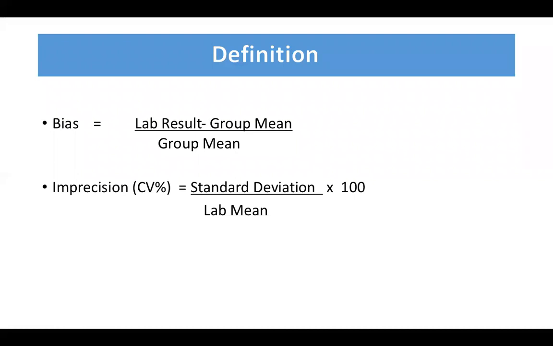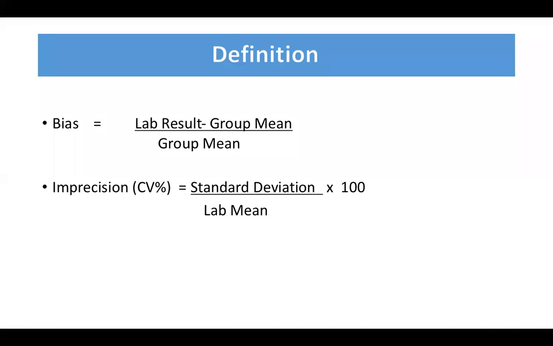So now with this framework, we are moving towards Six Sigma. We said we can apply Six Sigma in two types of situation: one is process outcome and another is process variation.